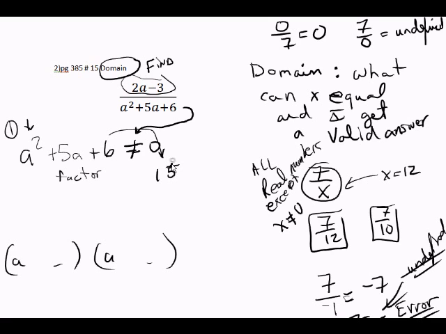This is a tricky one. You're on the very right path, but this is the tricky one. Things that multiply together to get 6 are 1 times 6 and 2 times 3. Okay? So you have to multiply to get this last term. 1 times 6 and 2 times 3. Which one will add or subtract to equal the middle term?